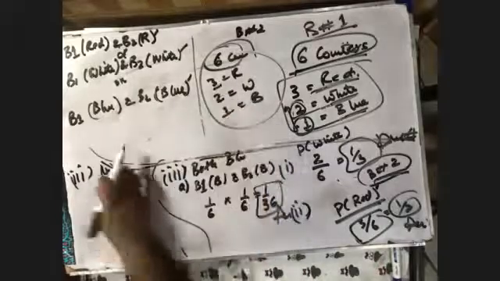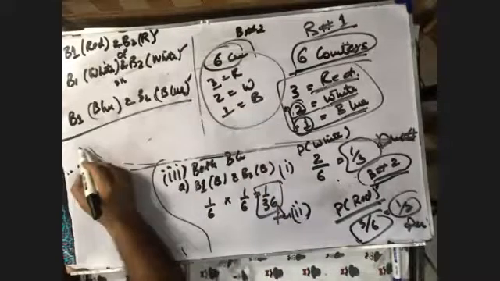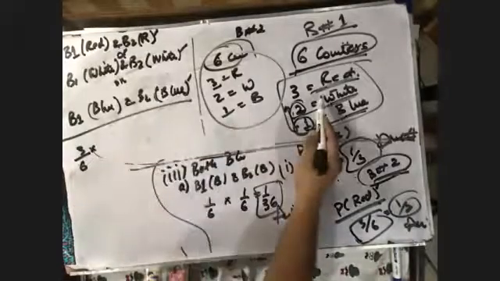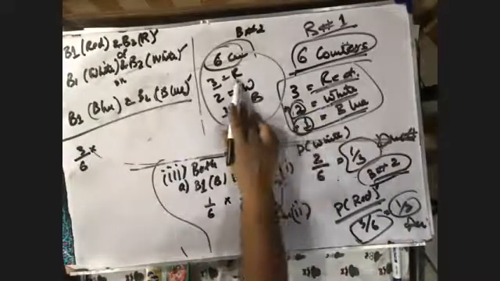Let's solve this. 3 out of 6, and back to not red is 3 out of 6.